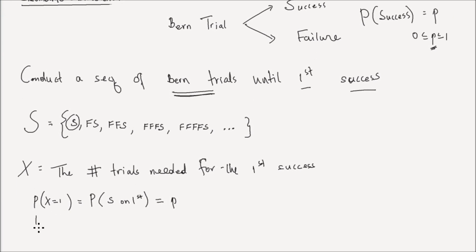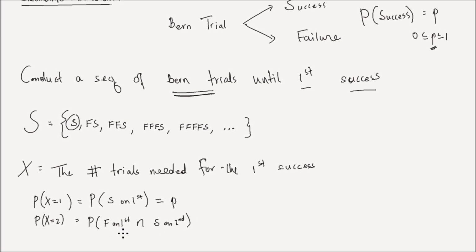The probability that X is equal to 2 corresponds to observing a failure on the first trial, followed by a success on the second trial. So that is failure on the first trial, intersection, success on the second trial.